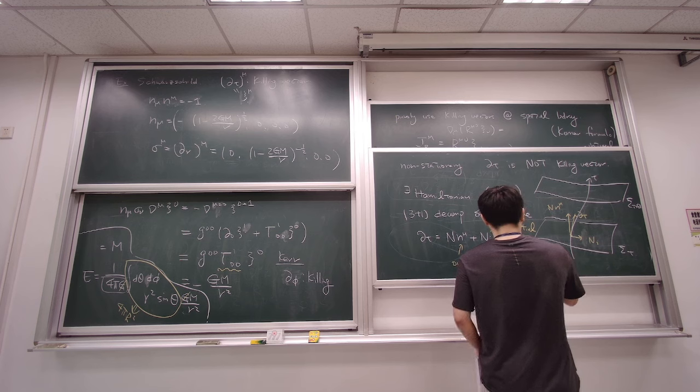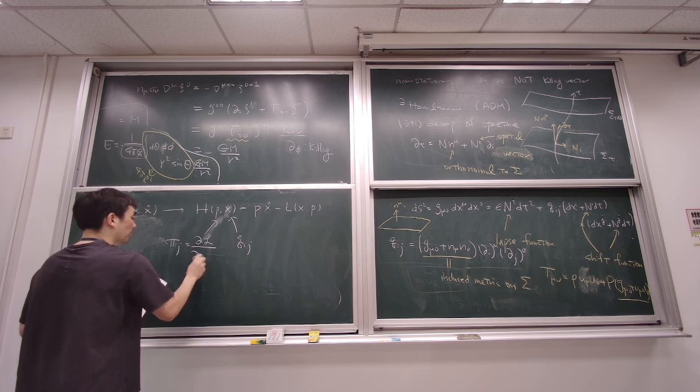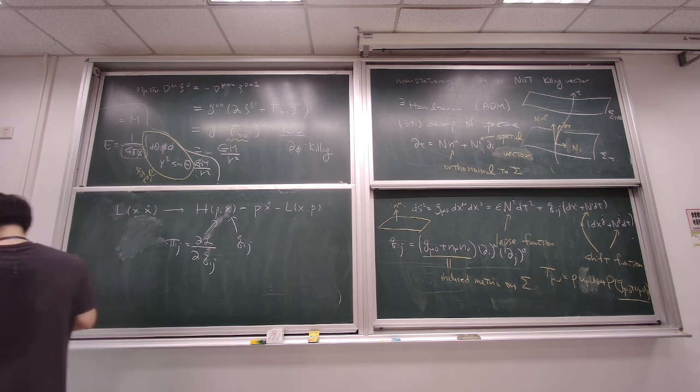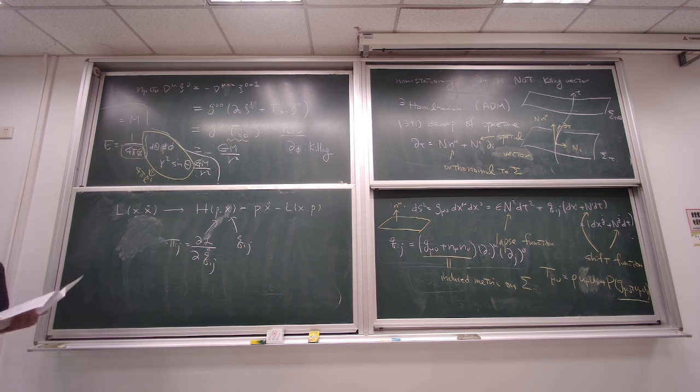So to do that, what we need to think is that this Qij corresponds to this guy, and this one I call pi ij, which is the conjugate of Q. It's defined as the derivative of L with respect to Qij dot.